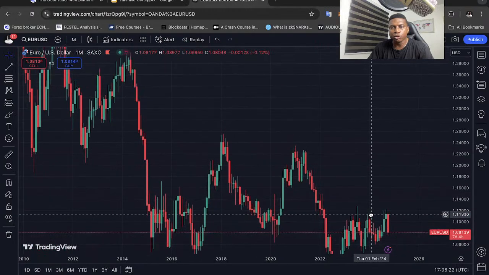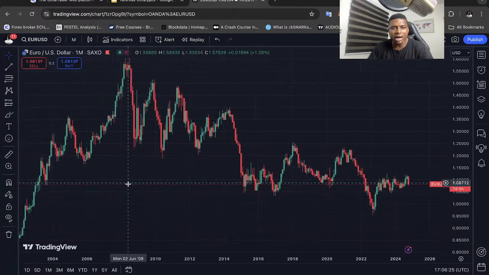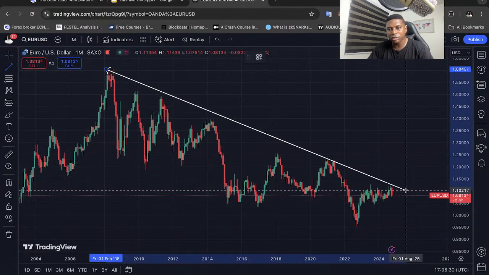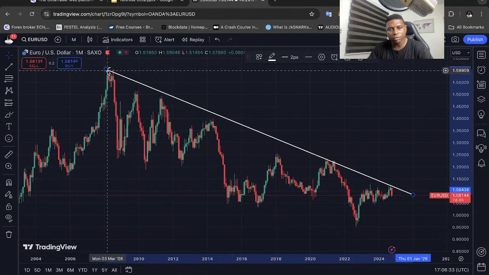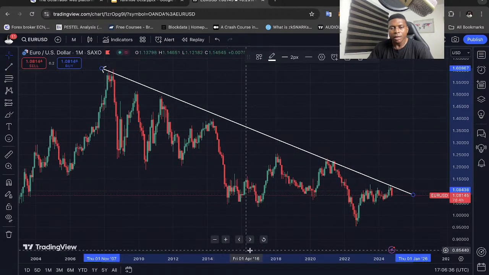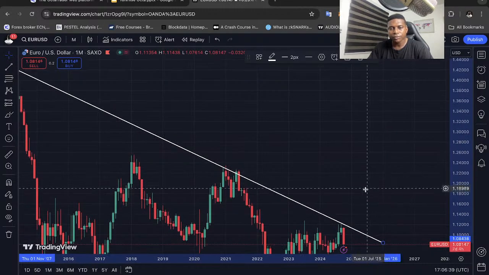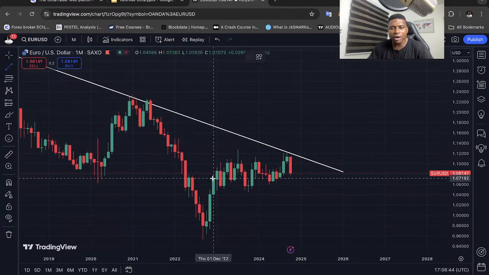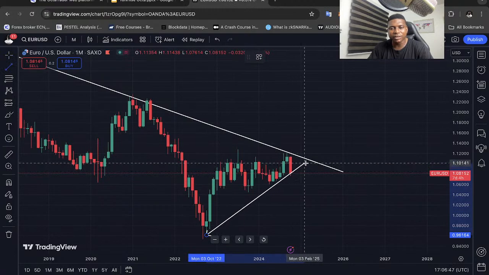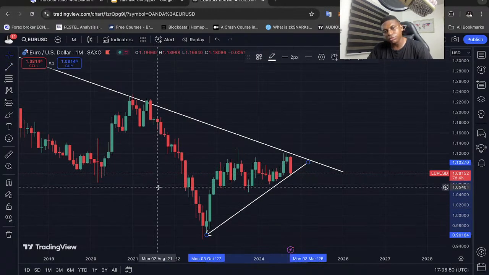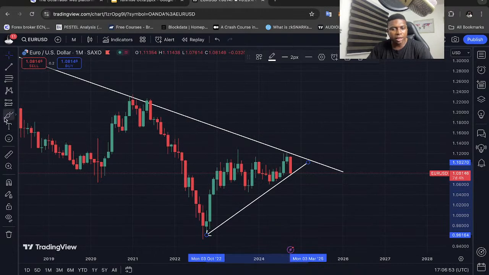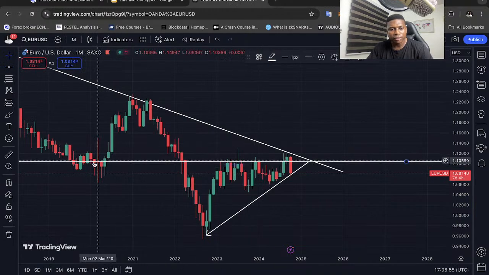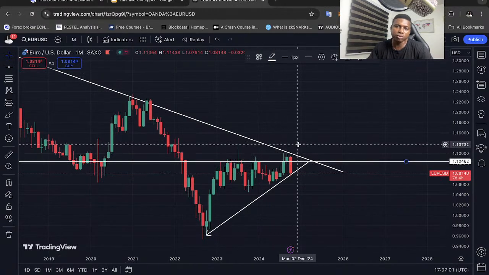When looking at EURUSD from a higher time frame, we can see how price has been on a downward movement. However, when we look closely at the last few months, we saw how price has been trending up, and we also saw how price broke through this resistance turned support zone.